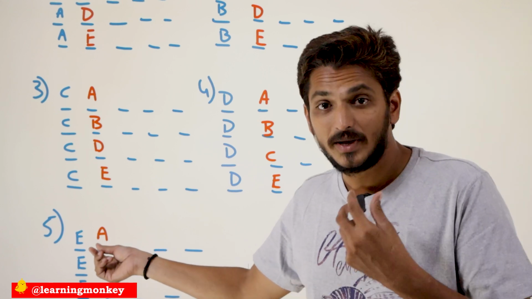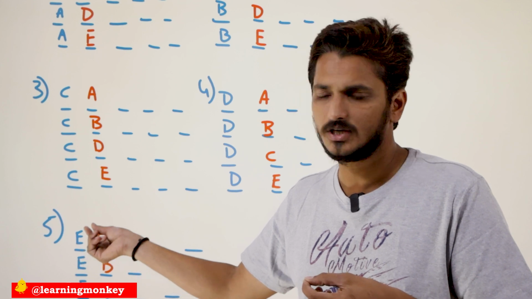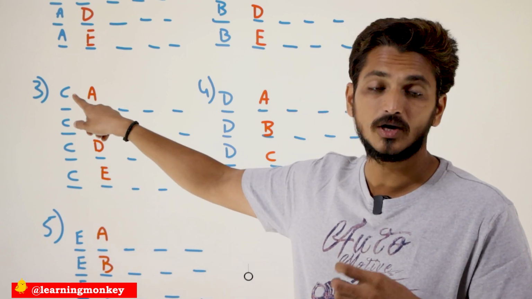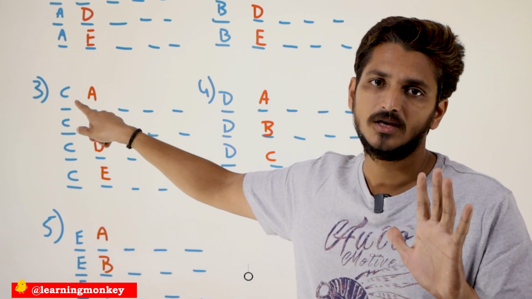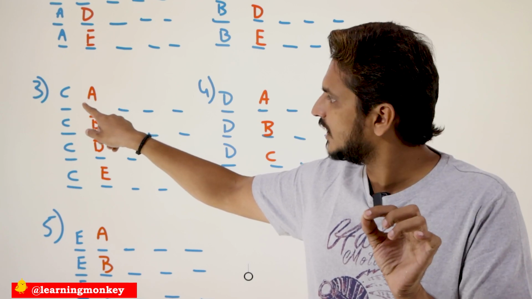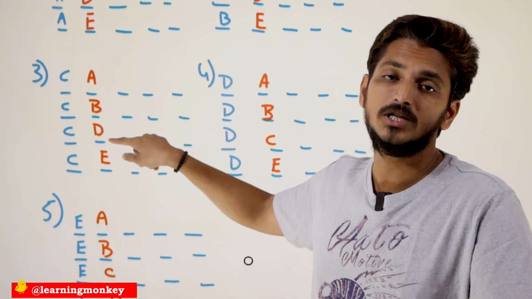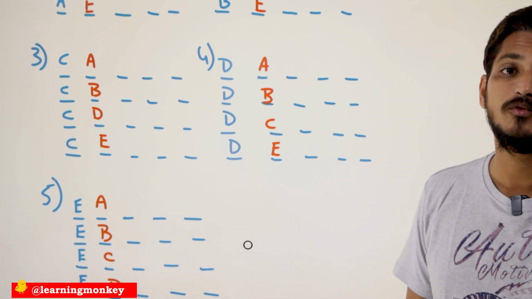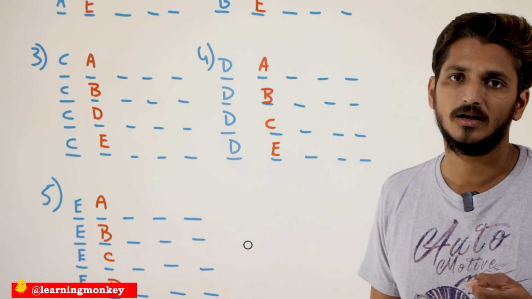How many ways do you have to fill the first position? You have 5 different possibilities. With each possibility, you can take 4 different possibilities to fill the second position. That's why we go with multiplication.